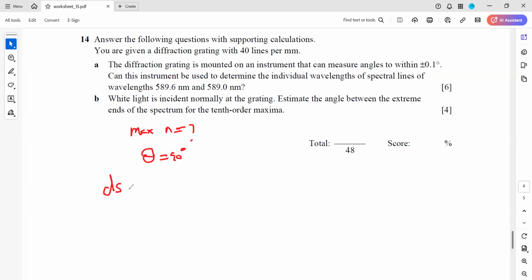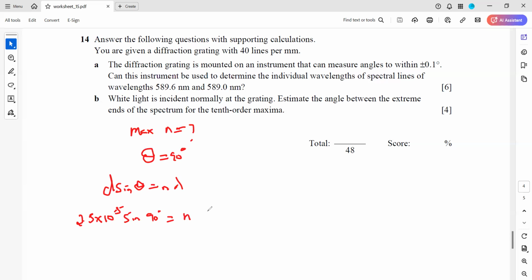So again, we use the formula d sine theta equals n lambda. d is the spacing, 2.5 exponent minus 5, sine 90, because whenever we want to determine the maximum value of maximas, theta is always 90.